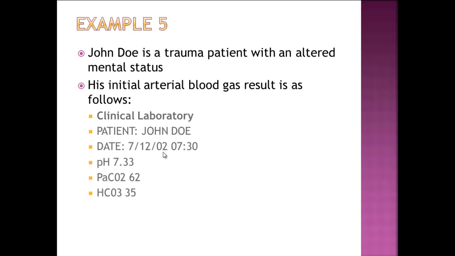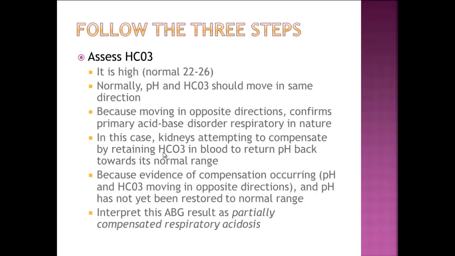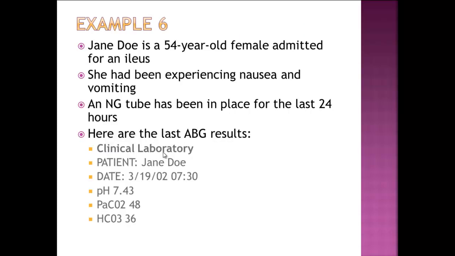Look at the bicarb, it's elevated, and that means it's moving in a direction that will correct that acid condition. And so this is a partially compensated respiratory acidosis. Here are the steps, just talking us through that again. Partially compensated respiratory acidosis.